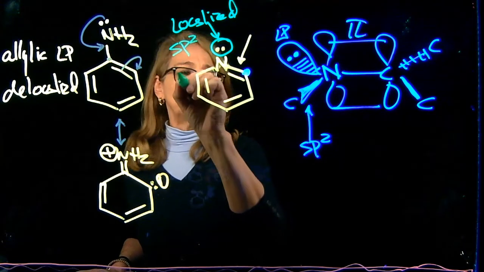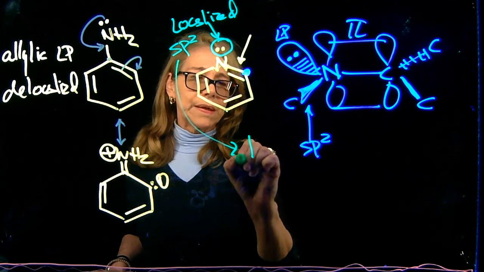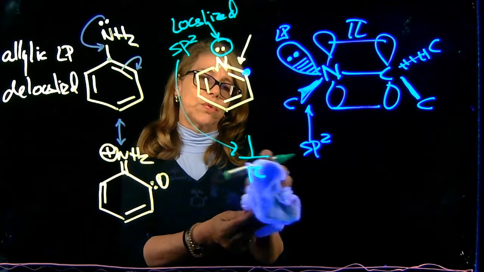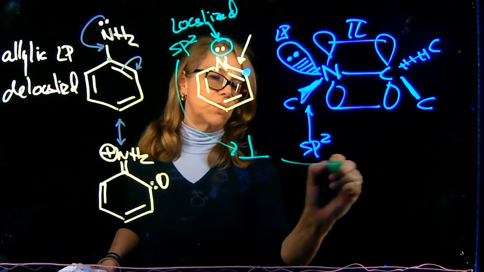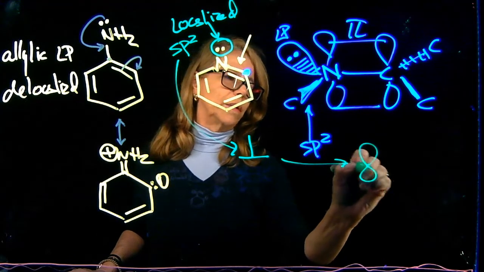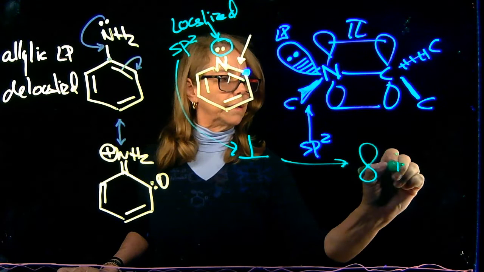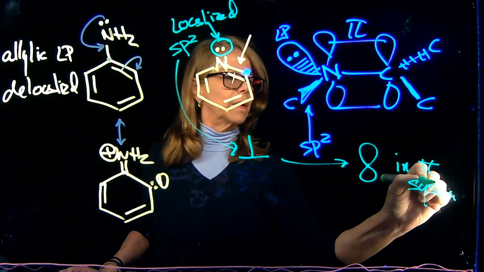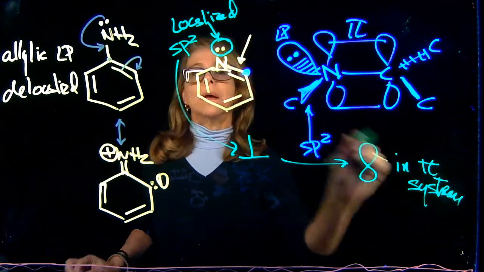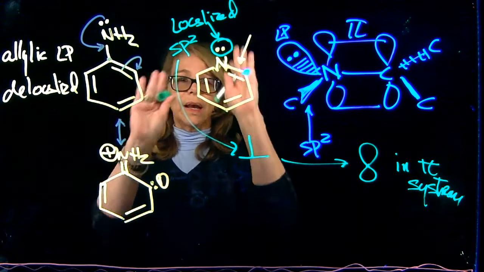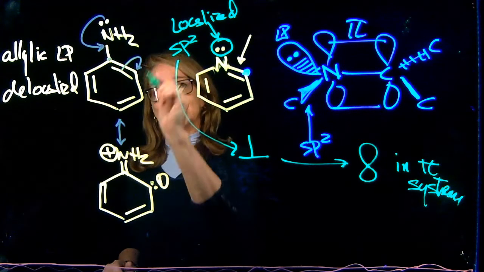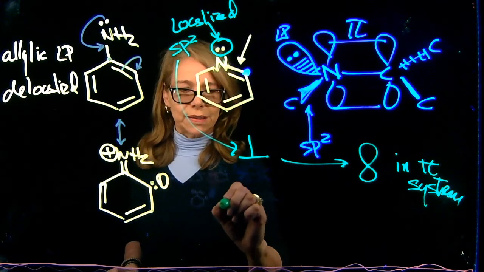And that sp2 orbital is perpendicular to all of the p orbitals in the pi system. These are localized. In other words, I cannot move that. And I'd not be able to do a resonance structure in this one.